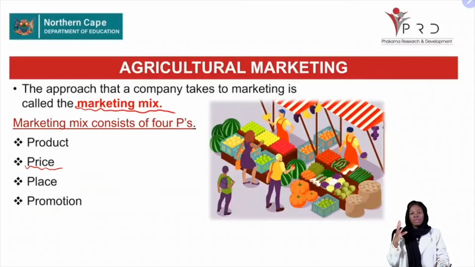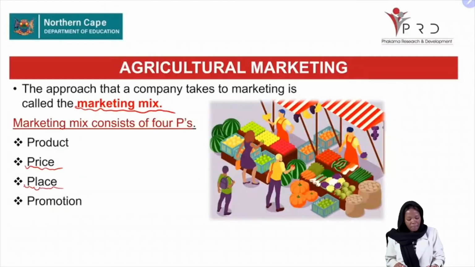Now, it is upon again a producer to determine a price that will be beneficial for both parties, meaning it is beneficial for consumers and beneficial for producers, meaning everyone has to benefit and everyone has to gain. At the end of the day, the producer has to make profit and the consumer should be able to buy these products.